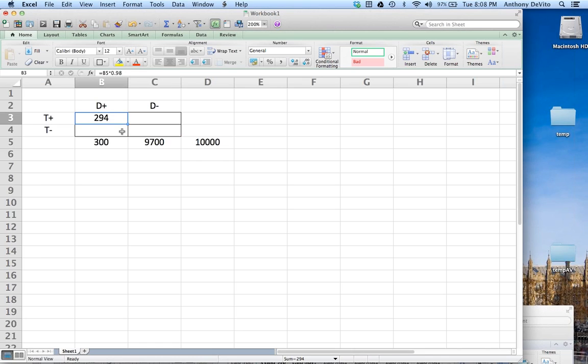Well, if we correctly diagnose 294 with our test, that means we have six false negatives. In other words, they tested negative, but they have the disease. Same deal now with specificity. That's how good we are at predicting someone doesn't have the disease, right? So we're going to get it right 97% of the time.